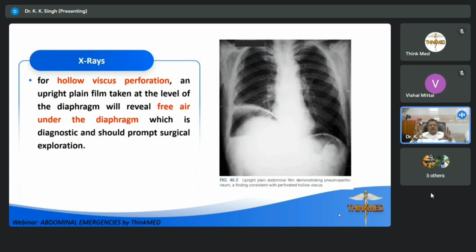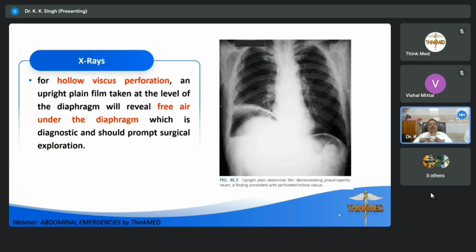With the X-ray, you don't need to remember a lot, but the one thing you must remember is that if you take a plain X-ray in the standing position with both domes of the diaphragm, and there is air below the right diaphragm, then you must be reasonably sure that it is hollow viscus perforation.